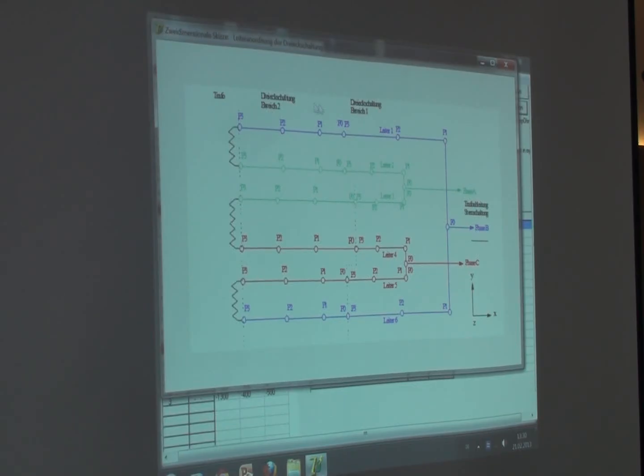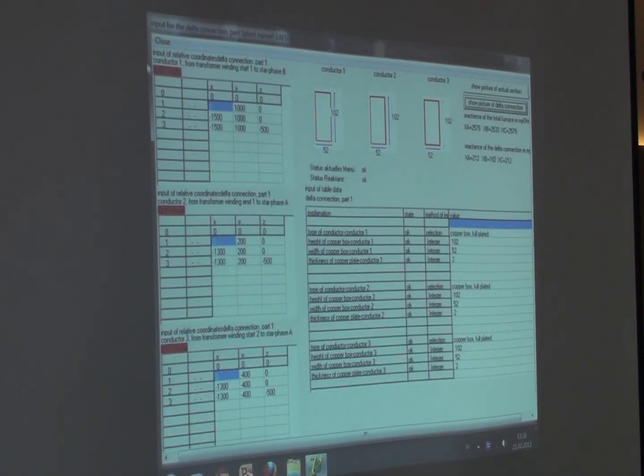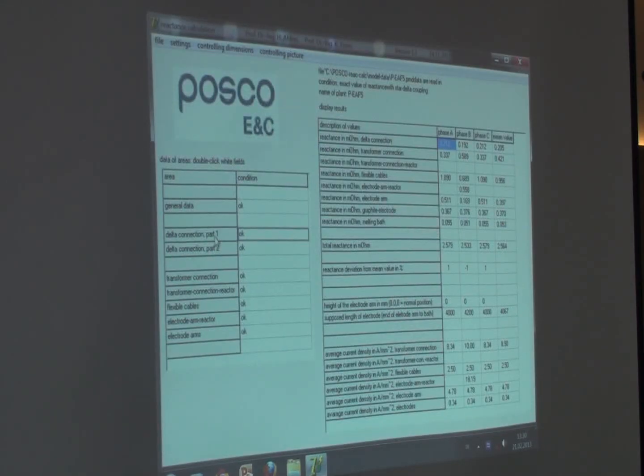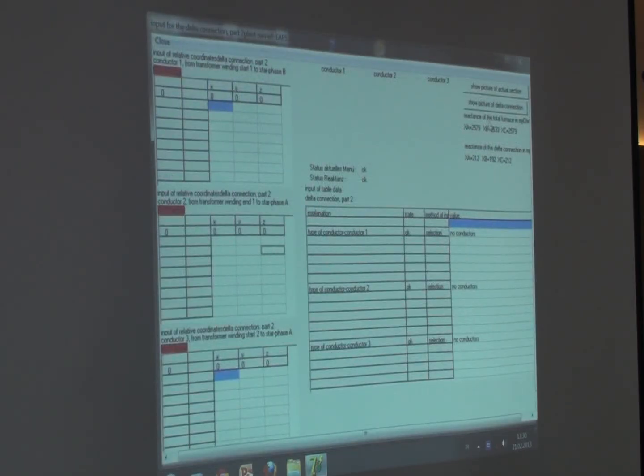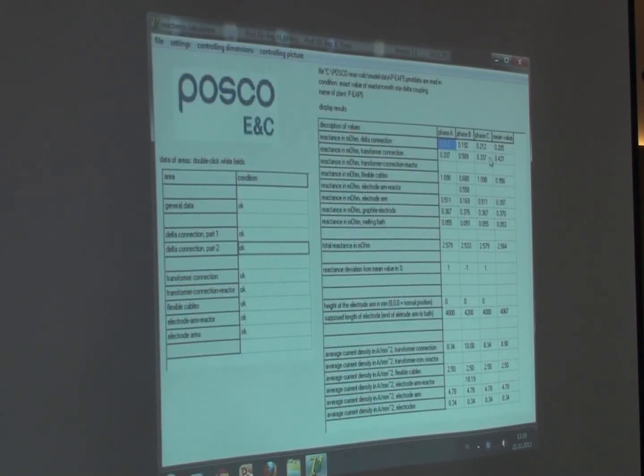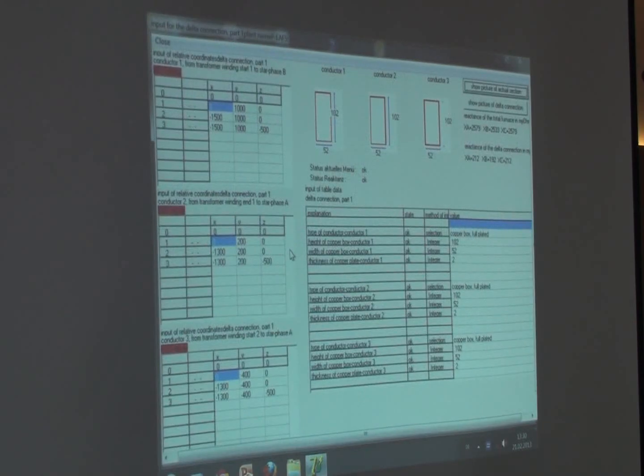Then you can use different conductors in this area and in this area. This is the reason why we have two parts here. The second part is not used. There's no conductor. We always use the same conductors in part 1.